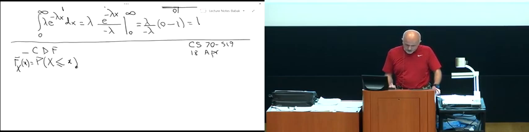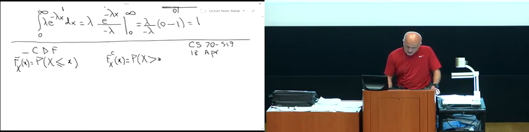There's also a complementary notion to this, which sometimes is useful, and that's the complementary CDF, which is the probability that x is greater than a certain value x. And needless to say, these two values add up to 1.